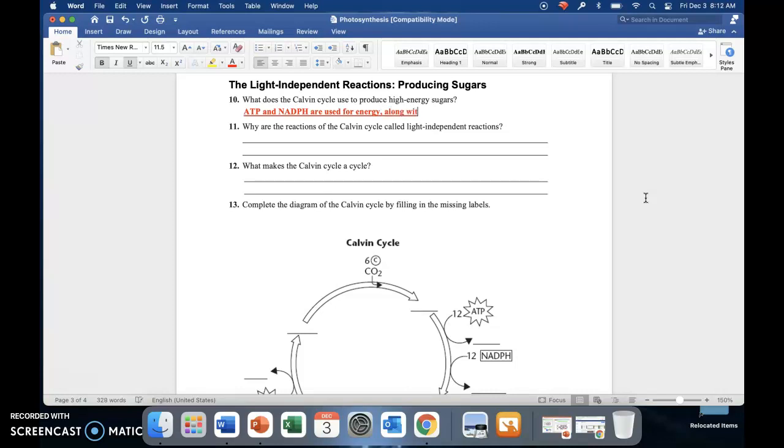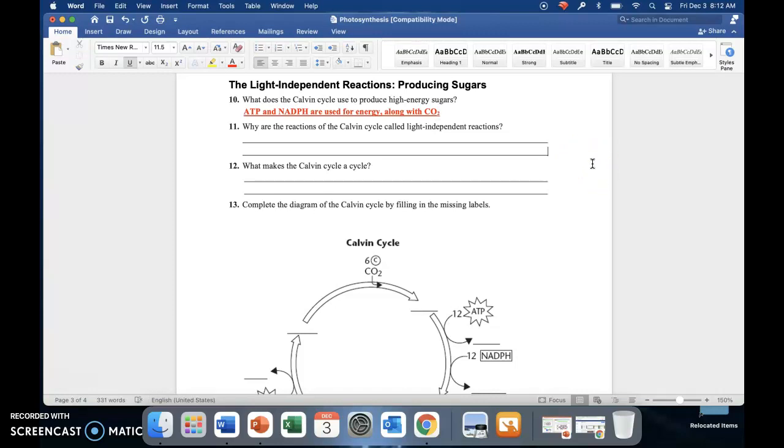Along with the gas that plants have to take in because they need some carbon. So that is CO2, carbon dioxide. Those are the three things needed during the Calvin cycle.